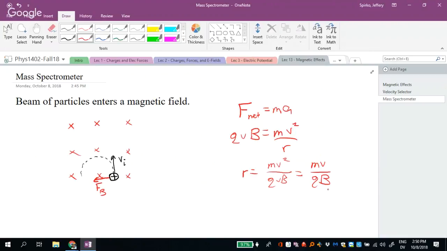Yeah, because if you had multiple protons, you could combine them together to get extra mass, but it would also have extra Q. And the extras would cancel in this fraction. So twice as much mass built out of protons would have twice as much Q. In the mass spectrometer device, you have different amounts of mass, but every single molecule has one electron stolen from it.